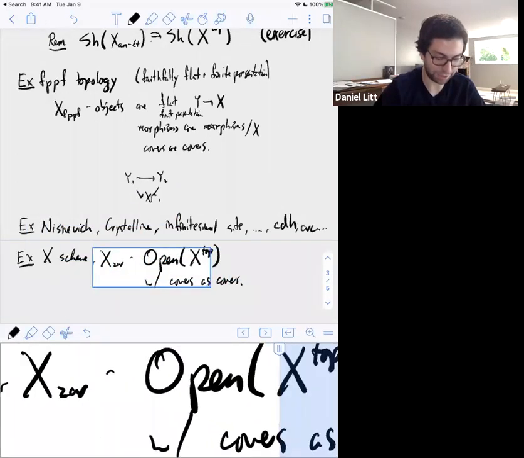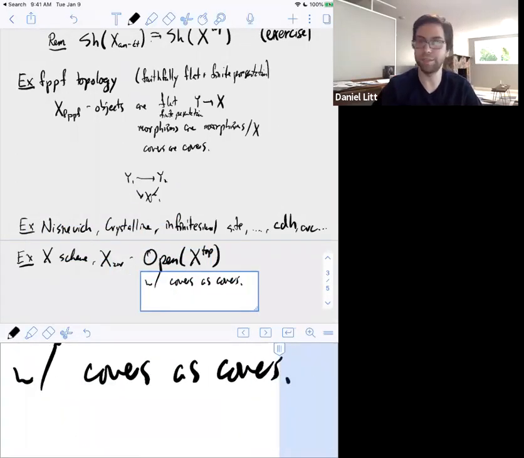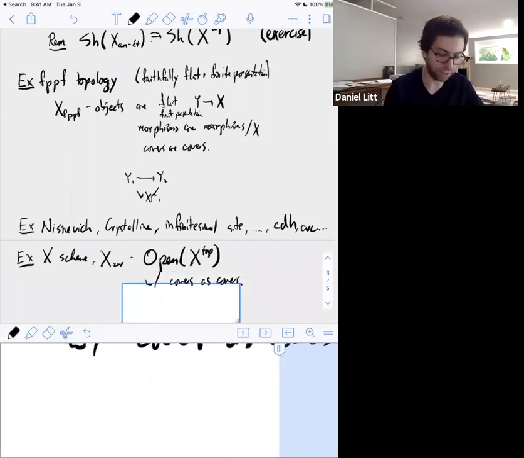I should definitely make that explicit. So a scheme has an underlying topological space with the Zariski topology, and we just use the Grothendieck topology of that topological space.